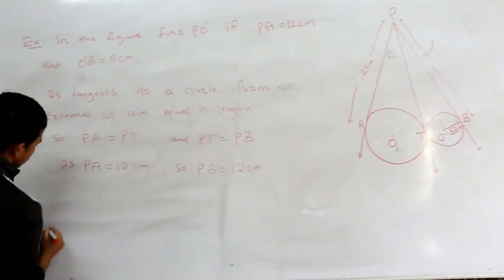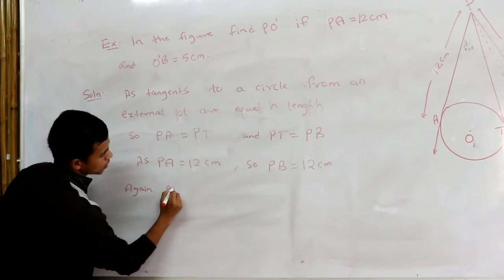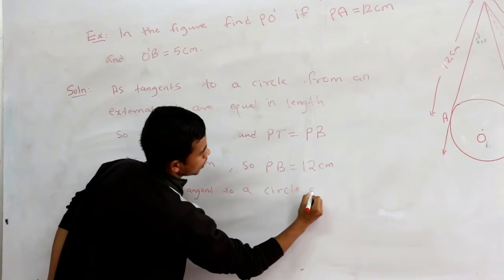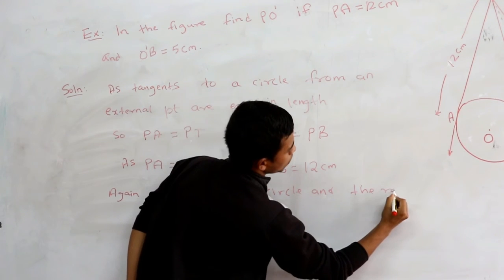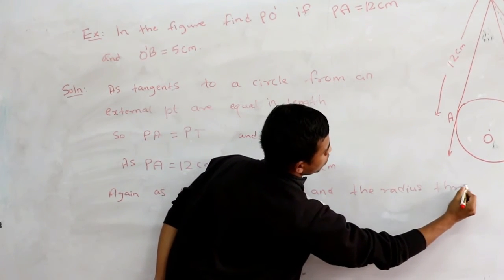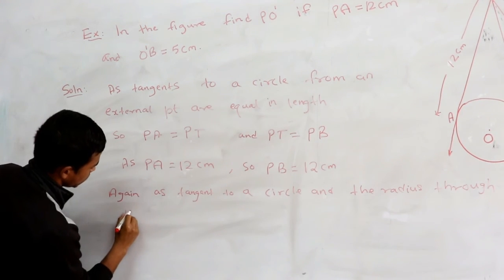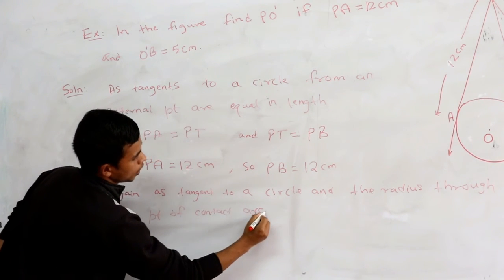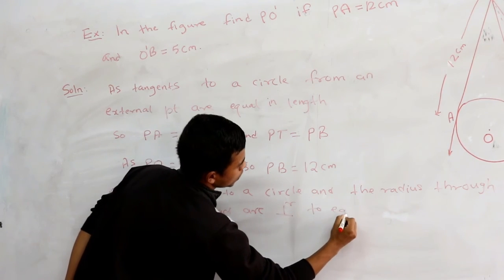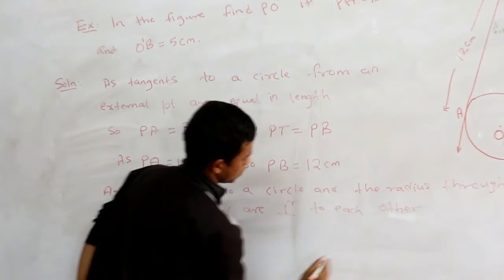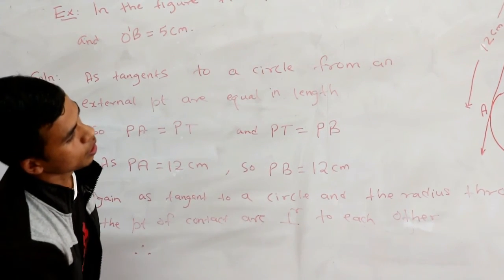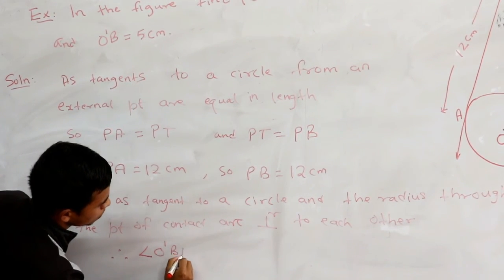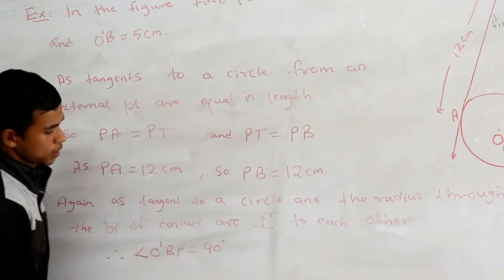So again, as the tangent to a circle and the radius through the point of contact are perpendicular to each other, therefore angle O dash BP will be 90 degrees.